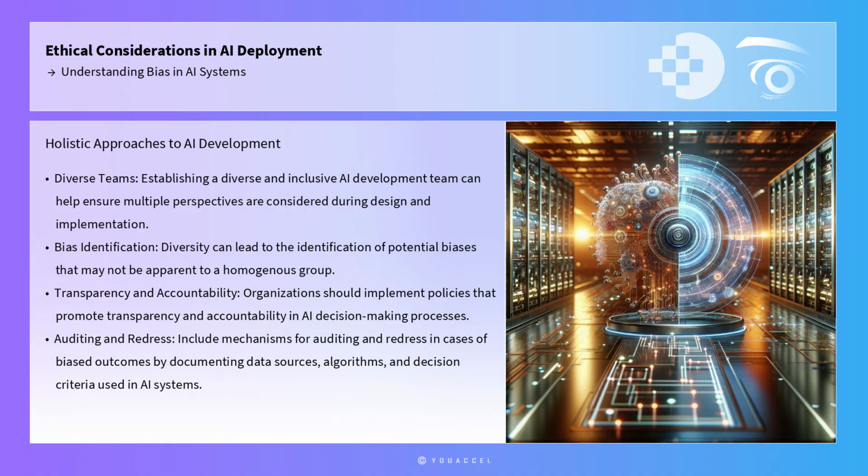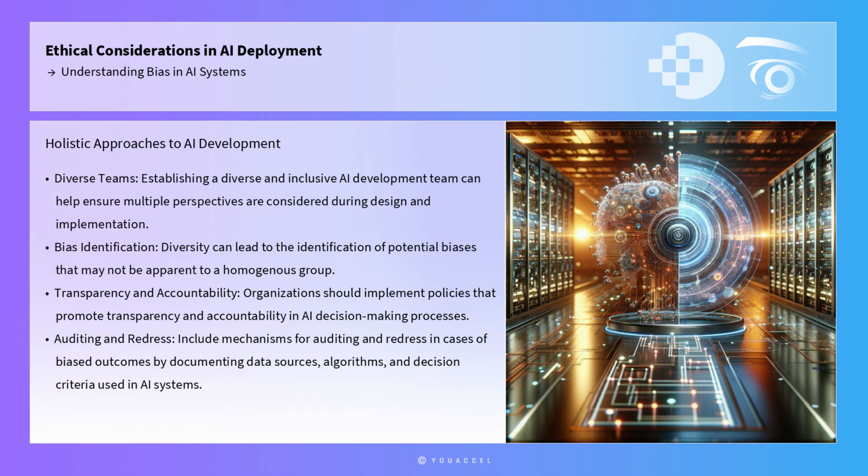In addition to technical solutions, it is essential to adopt a holistic approach that includes organizational practices and policy interventions. Establishing a diverse and inclusive AI development team can help ensure that multiple perspectives are considered during the design and implementation of AI systems.